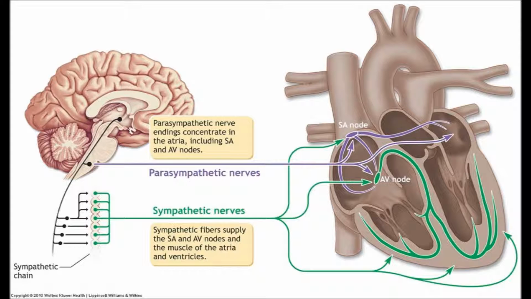So we can see that heart rate depends on a balance between parasympathetic and sympathetic stimulation. One example of this is when we start to exercise. When we start to exercise, there's an increase in heart rate, and one might think that the increase is a result of increased sympathetic activity.